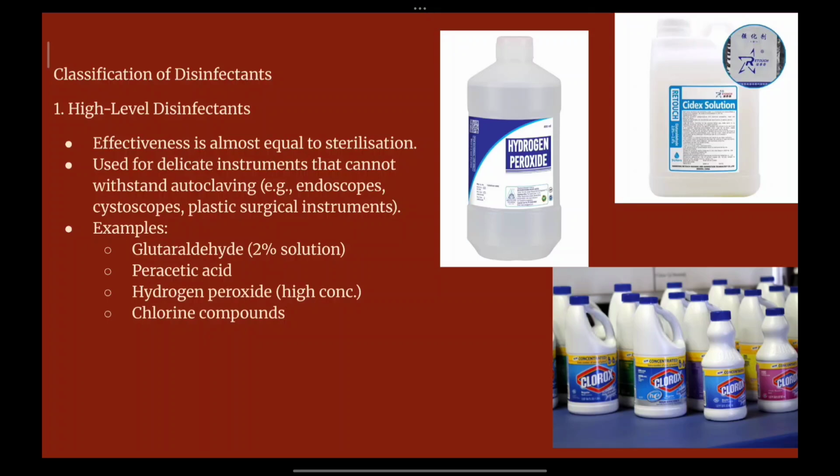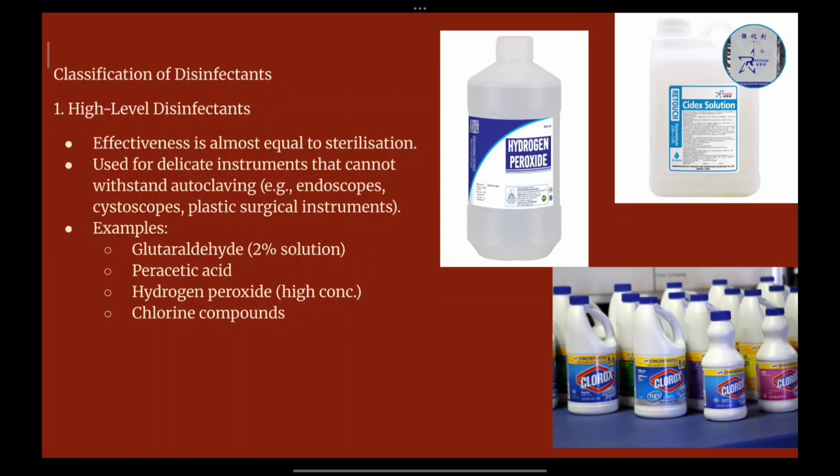Certain instruments that go inside the human body cannot hold on to the high temperature of 121 degrees Celsius, as in autoclaving. These high level disinfectants are used for endoscopes, which are used for laparoscopic surgeries. These endoscopes are used as a keyhole port for the surgeries.